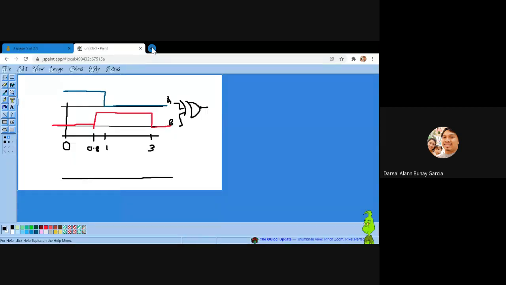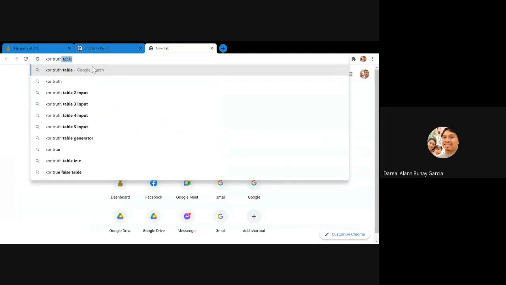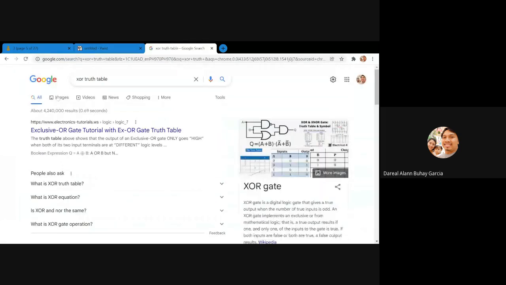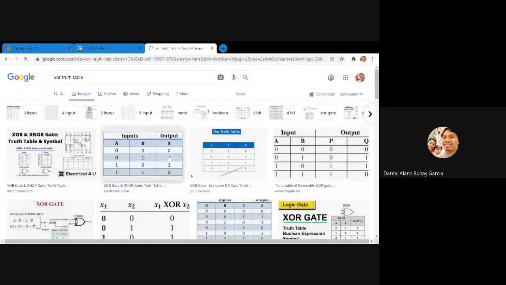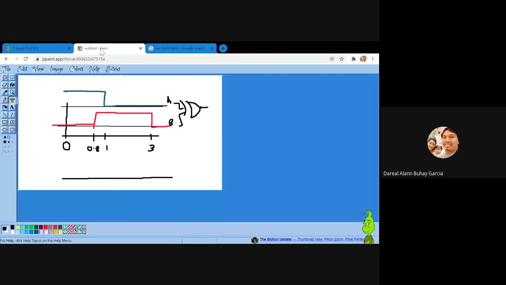Ano na yung XOR? Kung both 0, 0. Kung both 1, 0. Before 0.8, both 0. So, 0.